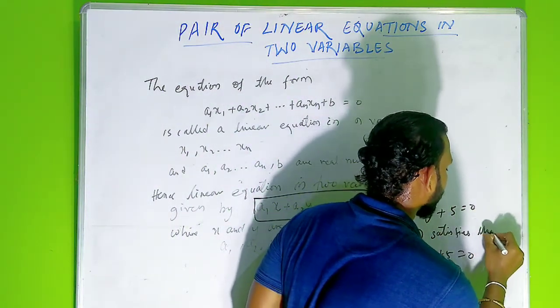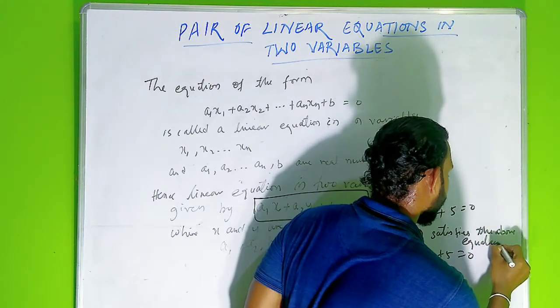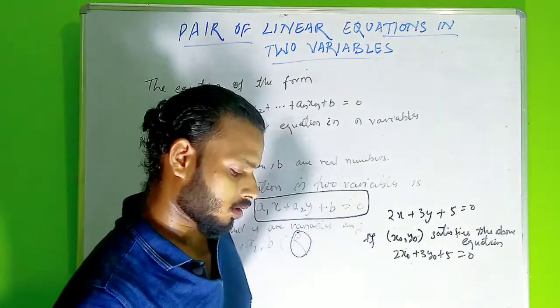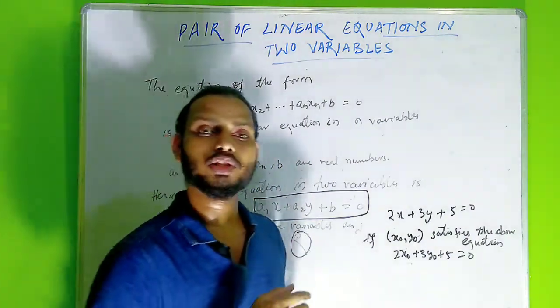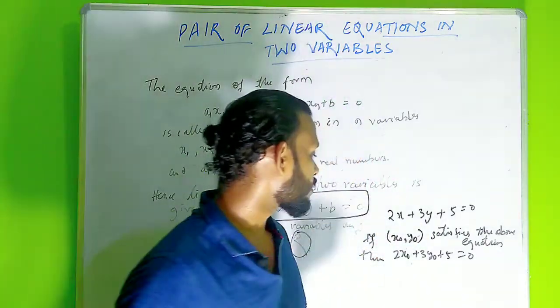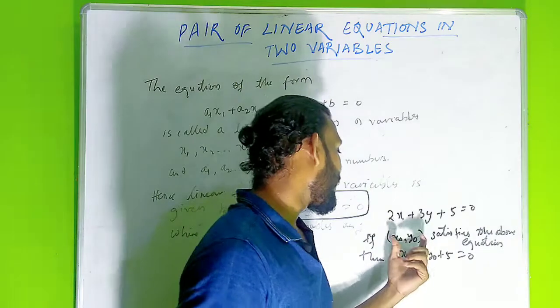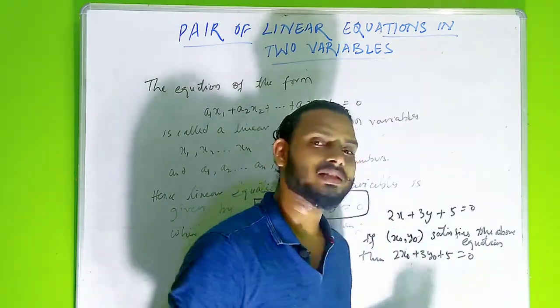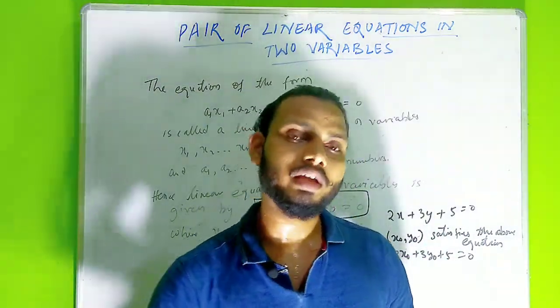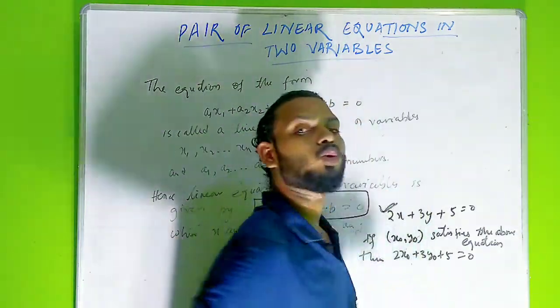Suppose this x naught comma y naught satisfies the above equation, then 2x naught plus 3y naught plus 5 is equal to 0. That implies x naught and y naught, that means x is equal to x naught and y is equal to y naught, is a solution for this linear equation in two variables.